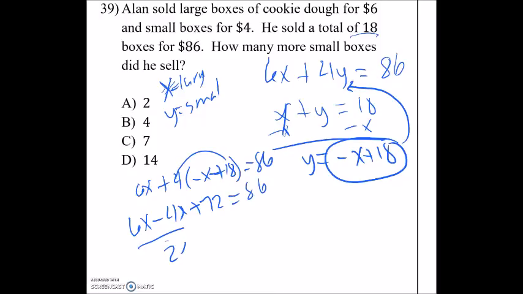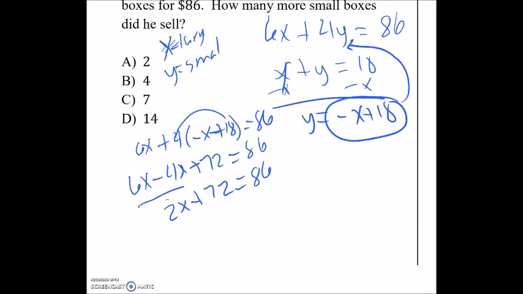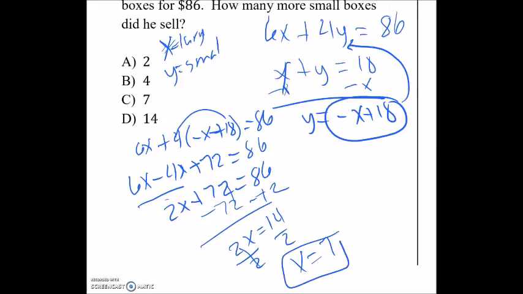Combine that, 2x plus 72 equals 86. We subtract 72. We get 2x equals 14. We divide by 2 and we get x is 7.